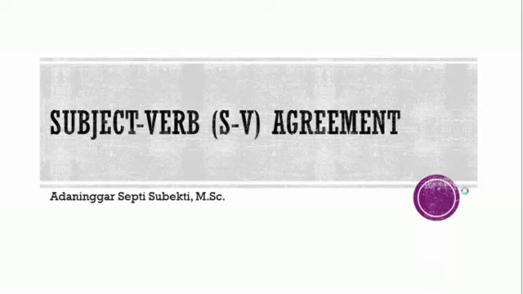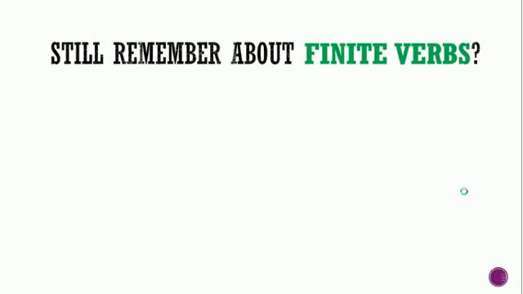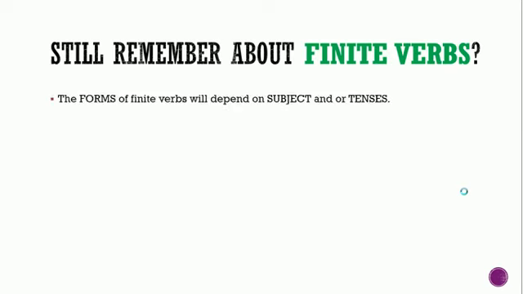In this video, I will explain about subject-verb agreement, or we commonly know it as SV agreement. Do you still remember what is meant by finite verbs? What are finite verbs?